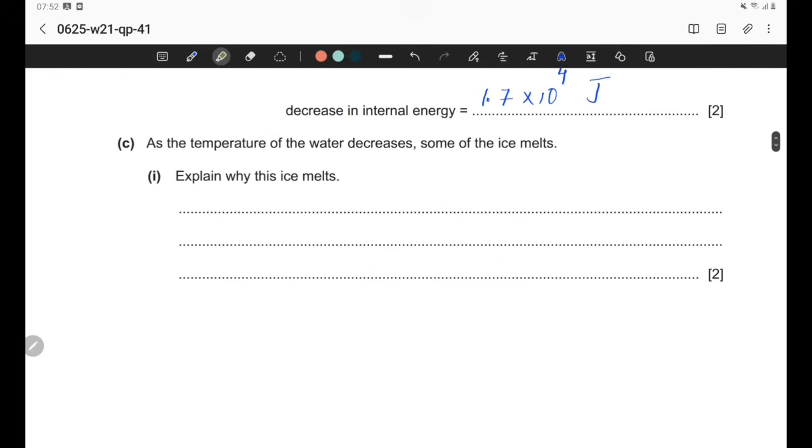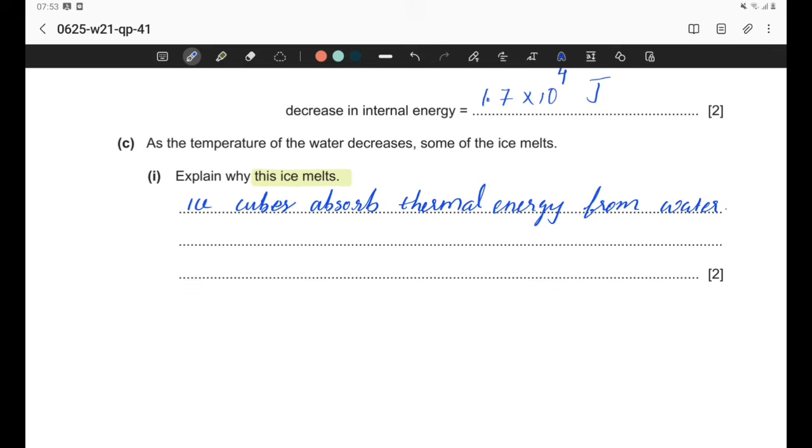Part C. As the temperature of the water decreases, some of the ice melts. Explain why this ice melts. So here we need to explain, when the ice cubes are dropped in water, why some of the ice melts. The first point we can write down: ice cubes absorb thermal energy from the water, or heat will transfer from water to ice cube.